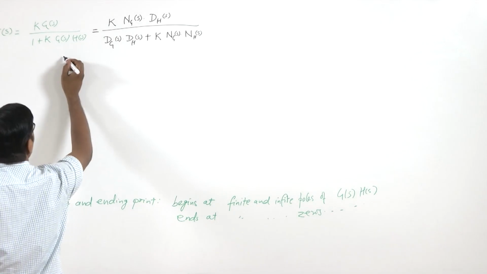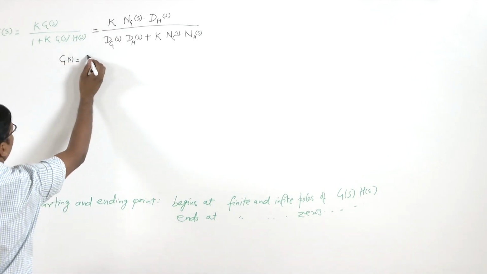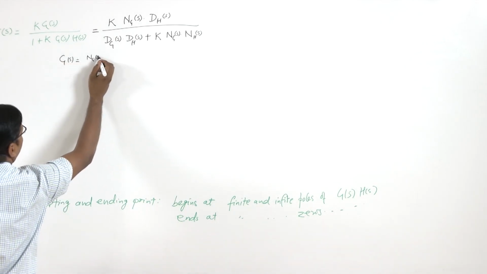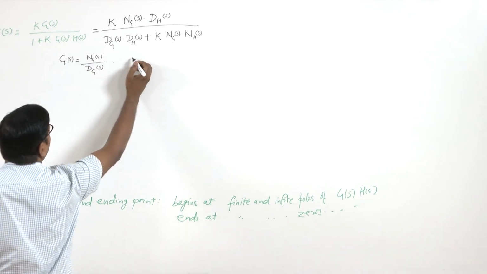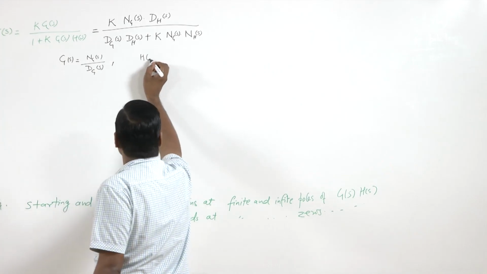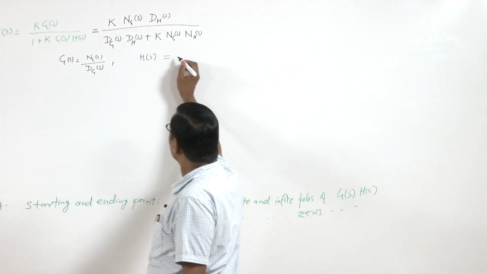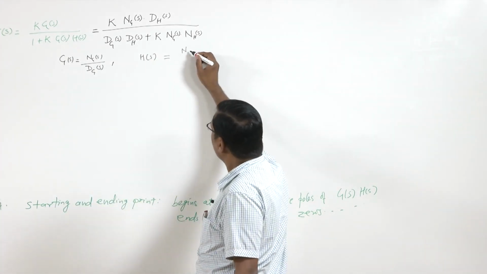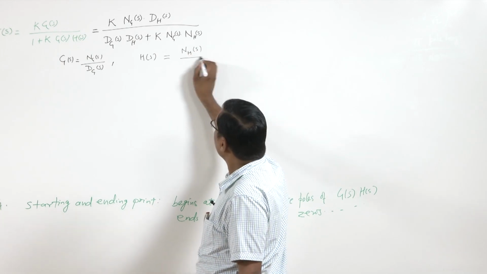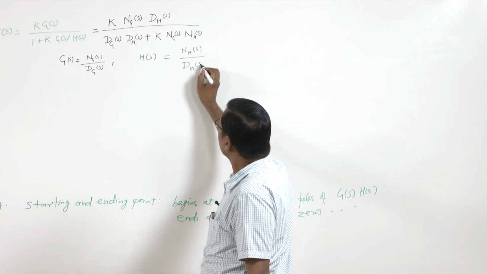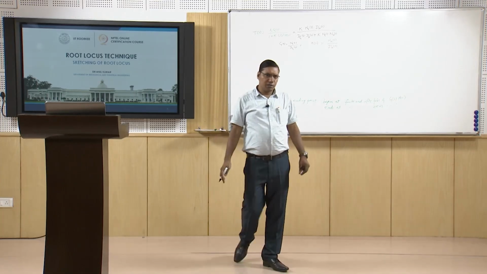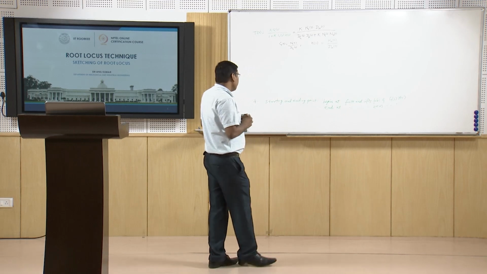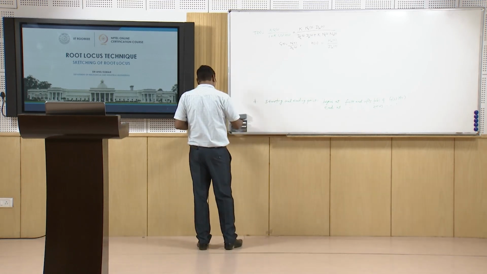Here we have G(s) equal to N_G(s) by D_G(s) and H(s) equal to N_H(s) by D_H(s). So, we represent these two transfer functions in terms of numerator and denominator.